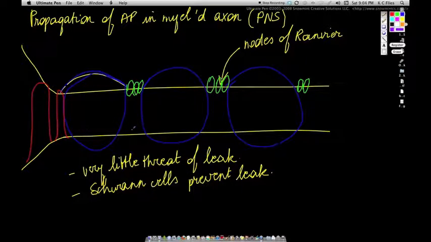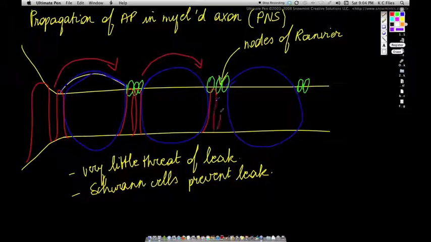What we then see is that it suddenly leaps, as if it were, all the way to the next node, and again leaps to the node that follows it and recreates itself there. So wherever there are Schwann cells, we don't see any action potentials occurring.